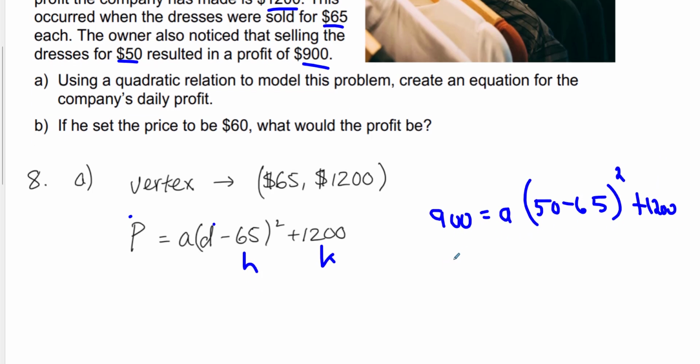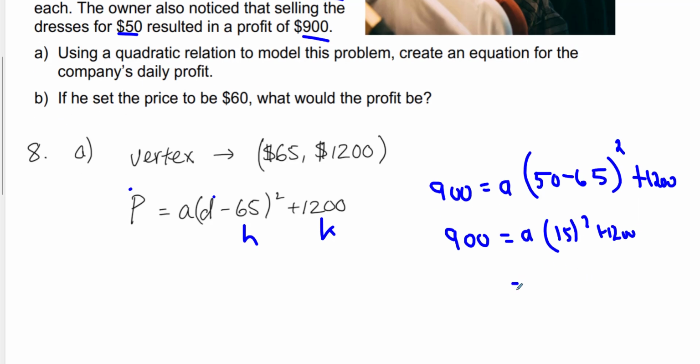Now that's set up. You should know how to do it, right? What's this? 15 squared. What's 15 squared? Is it 225? Let me just do it. Yeah, 225. 225 A plus 1,200. Oh, actually, you know what? Forget the 1,200. It's going to go over minus 300.